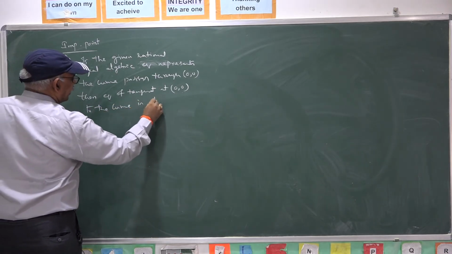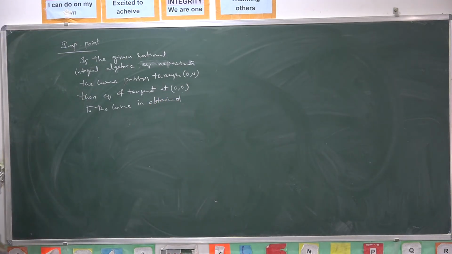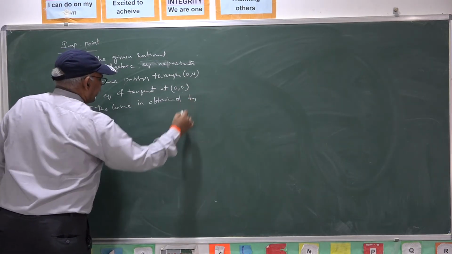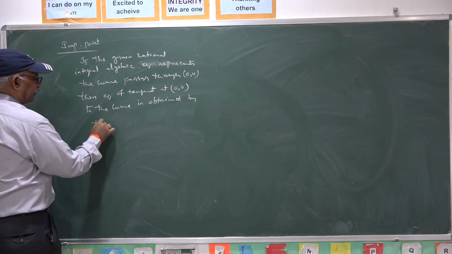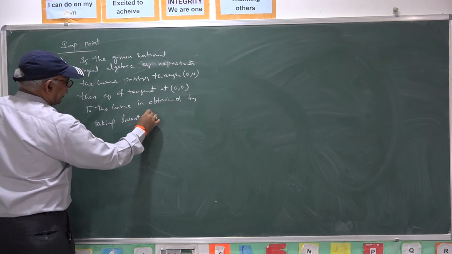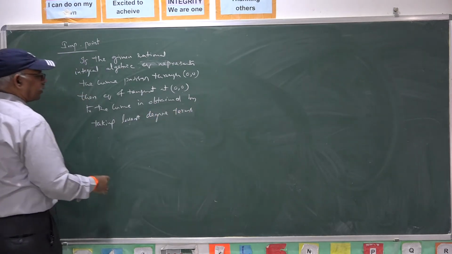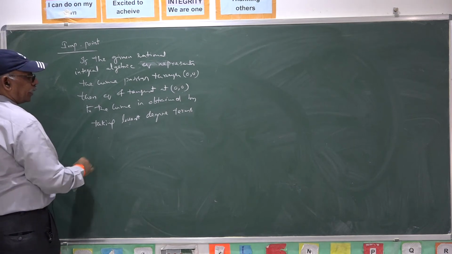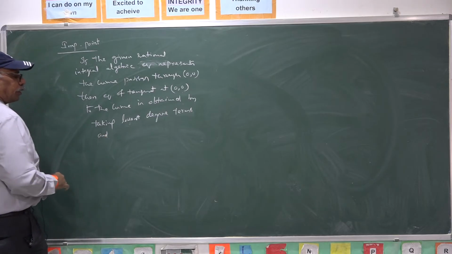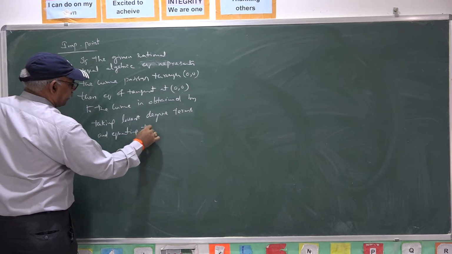is obtained by taking lowest degree terms and equating them to 0.